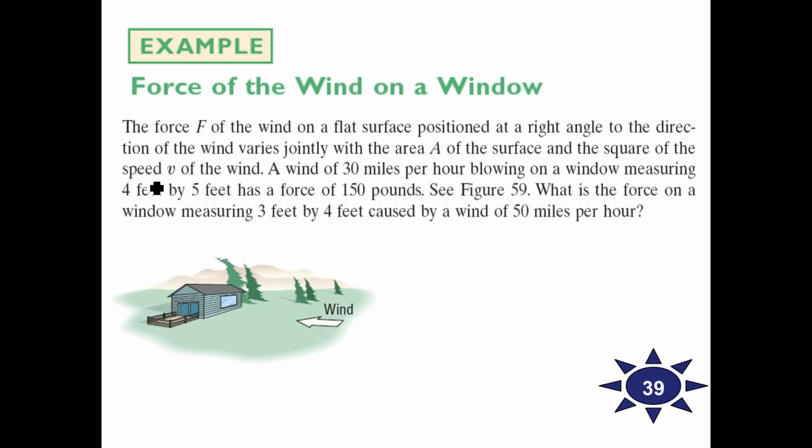Now that we've seen an example, let's see if we can do one using numbers. The force F of the wind is going to vary jointly, so K, with the area, A, and the square of the speed of the wind, so V squared. A wind of 30 miles per hour, speed 30 squared, is blowing on a window measuring 4 by 5 feet. 4 by 5 is 20.